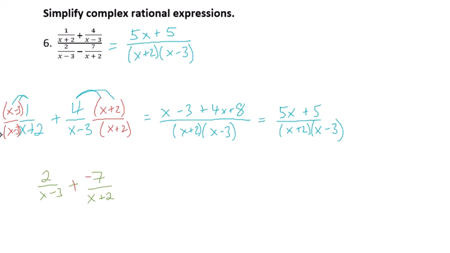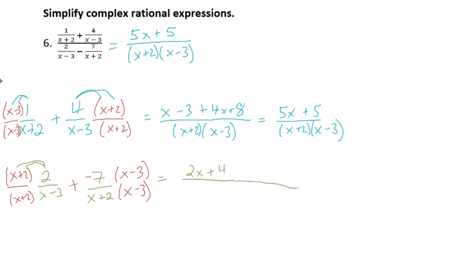So in order to get these two fractions the same, I need to multiply this one by x plus 2 over x plus 2, and I need to multiply the right one by x minus 3. Okay, and that is going to equal, distribute this 2, and I get 2x plus 4 over (x plus 2)(x minus 3).